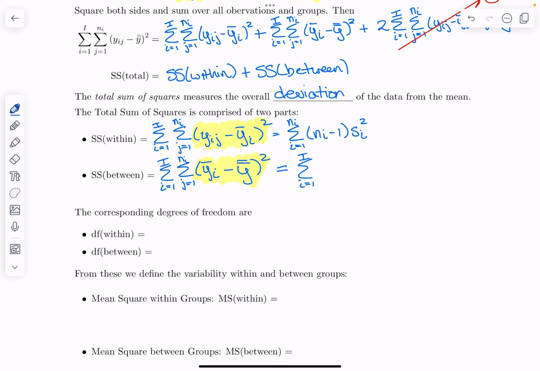If I sum the same number n sub i times, I'm just going to get n sub i times that number. So again, I can simplify that down to one sum, the sum of n sub i times the difference between the group mean and the overall mean squared.